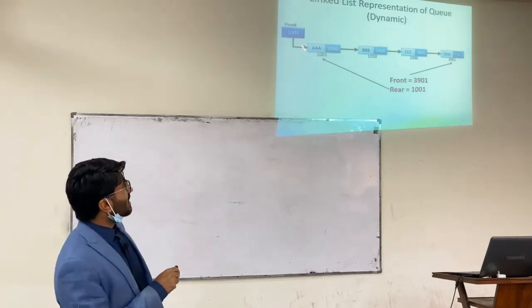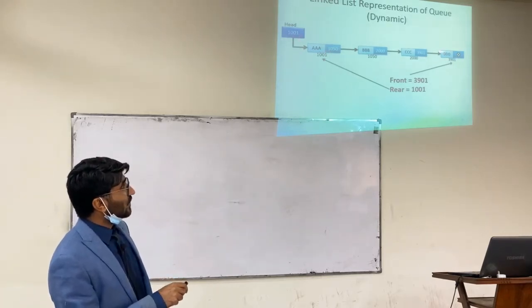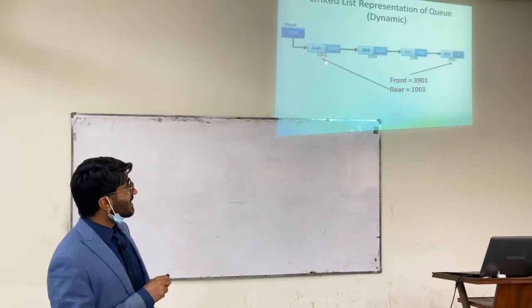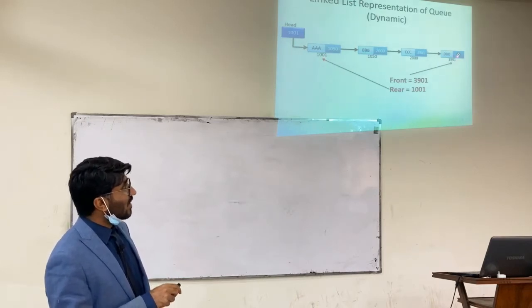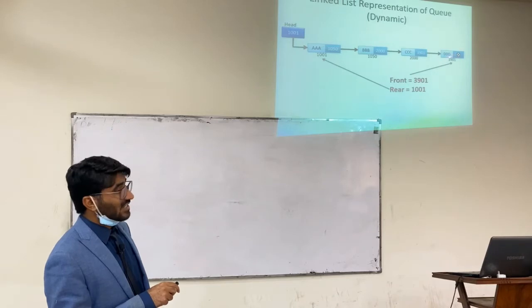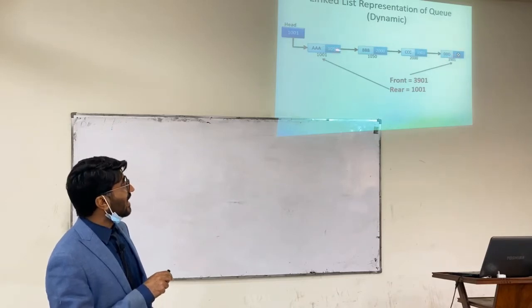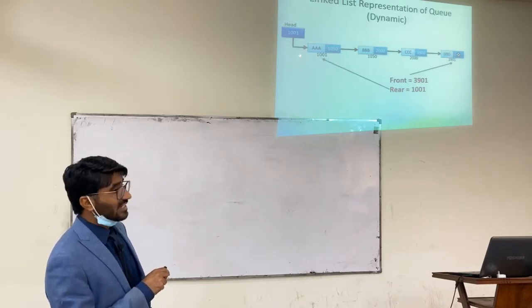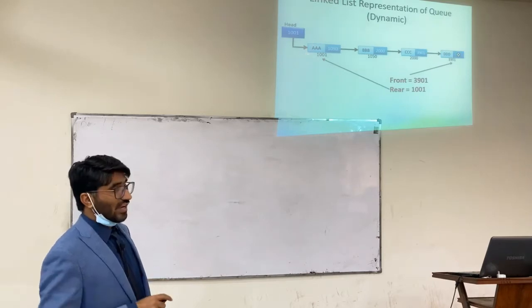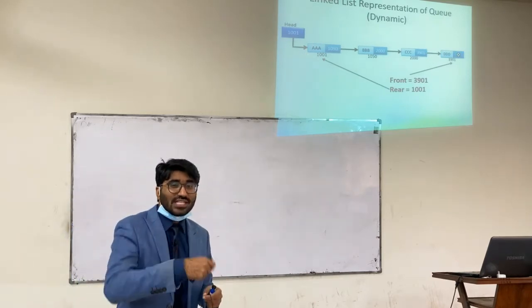So if you consider this your node 1, 2, 3, and 4, we consider this your rear point and this your front point. So this was your first data inserted, this is the second, third, fourth, and the new data will be inserted from here. Okay, so rear is the point where new data is always inserted.